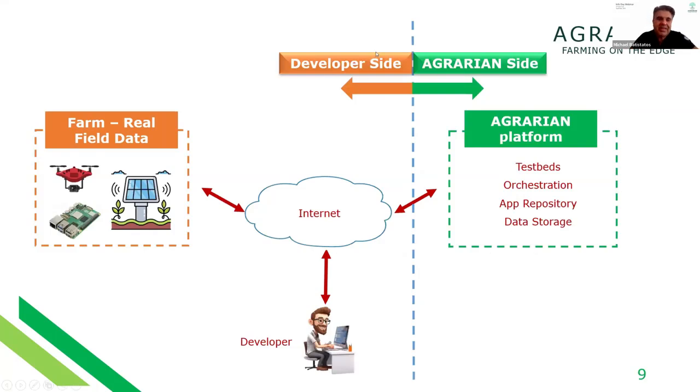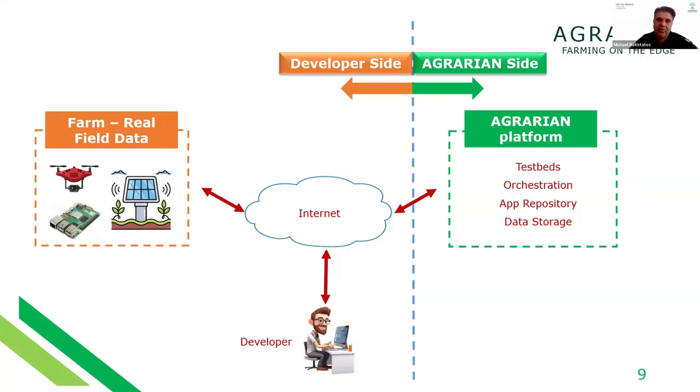Now, as a developer, as an applicant, if you get the funding, you will be responsible for the equipment on the field, for the transmission of the data from the field to our platform, and you will be responsible also for developing your application. So we will not give you any equipment, any sensors or UAVs.